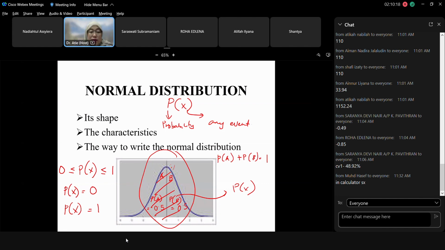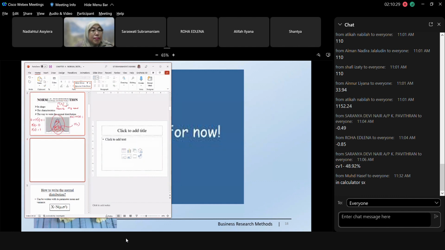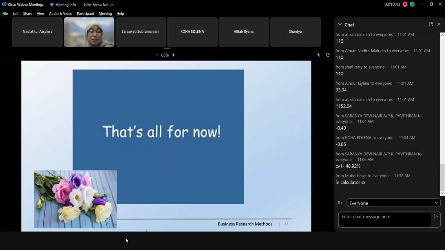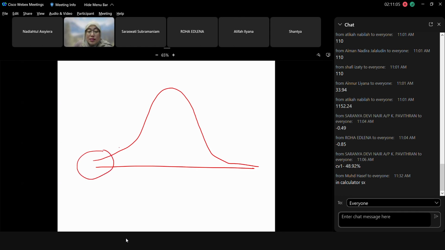Another characteristic of the normal distribution: when you draw this normal curve, this part right here, the tail, goes on and on, to infinity.